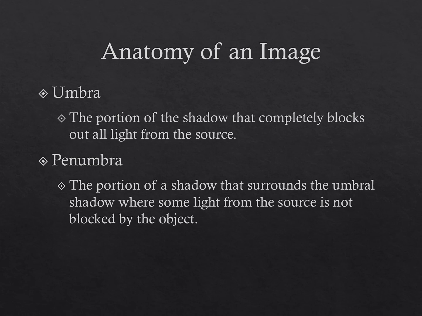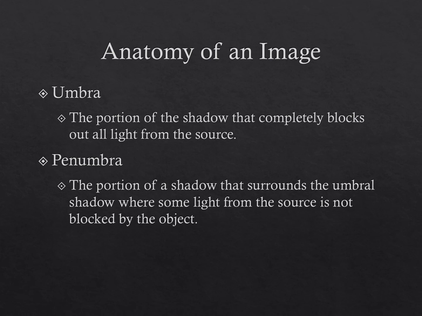So the umbra portion of the image, or portion of the shadow, is the area that is completely blocked out by light from the source. So when we're talking about X-rays, we're talking about that area of full attenuation of the X-ray photons, or the full blocking of the object within that X-ray image.